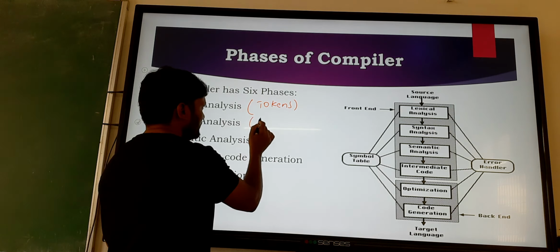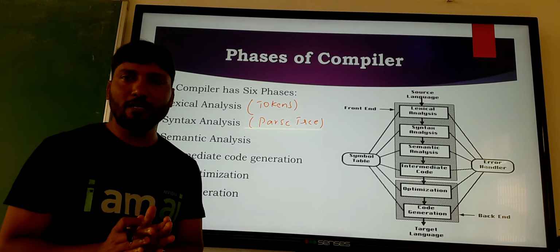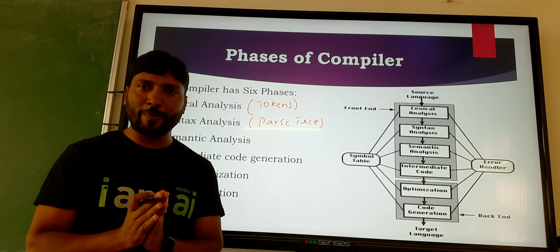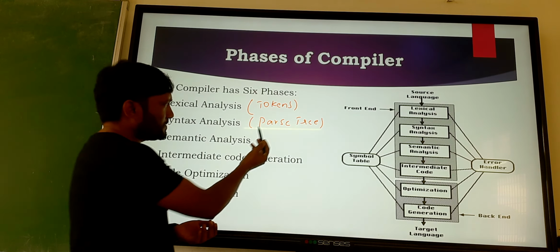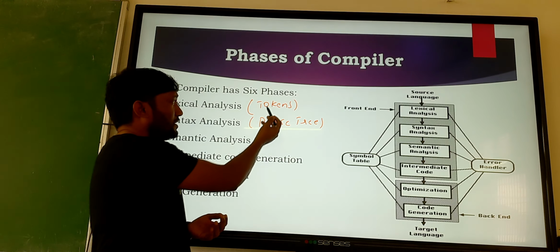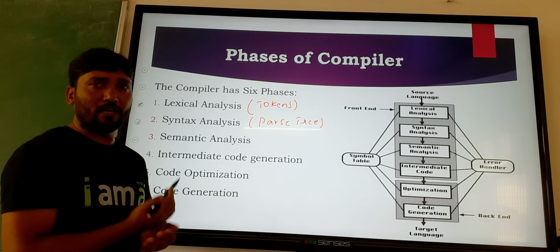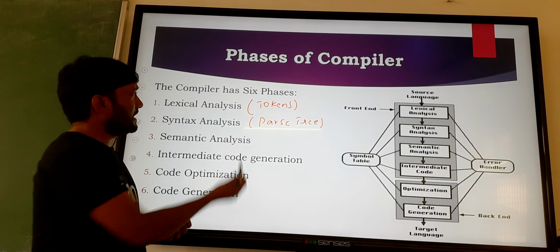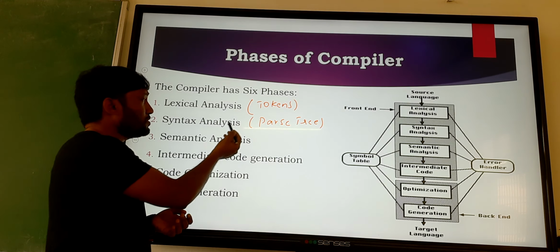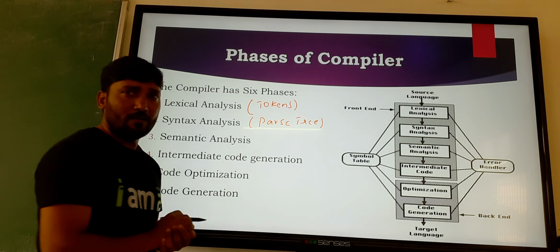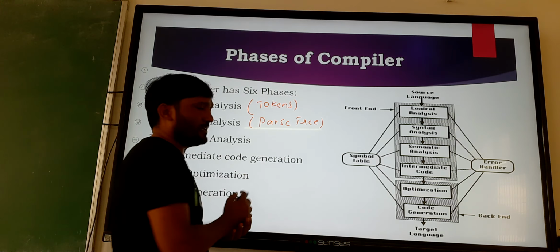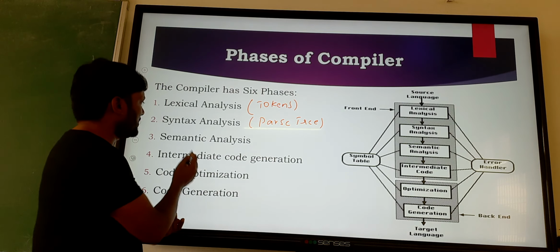While constructing the parse tree, you have to remember that all the root nodes must be operators and the child nodes must be operands. Now this parse tree is constructed from the tokens. The tokens generated in the lexical analysis phase are taken as an input in the syntax analysis, and those tokens are constructed as a parse tree. Now come to the third one.